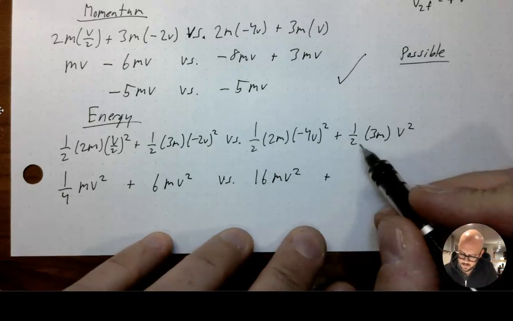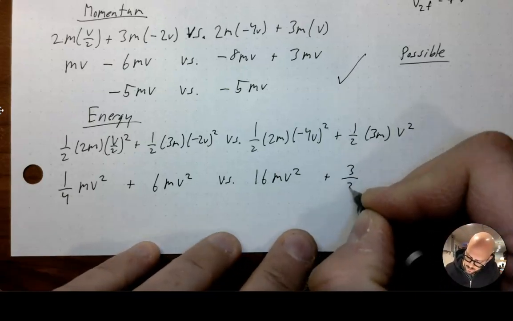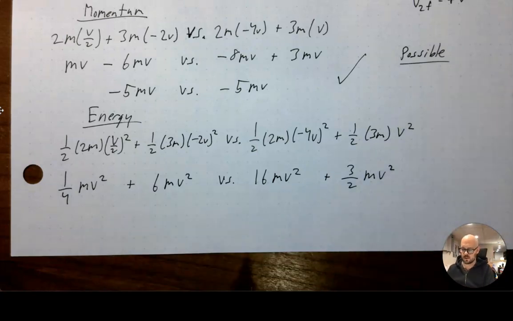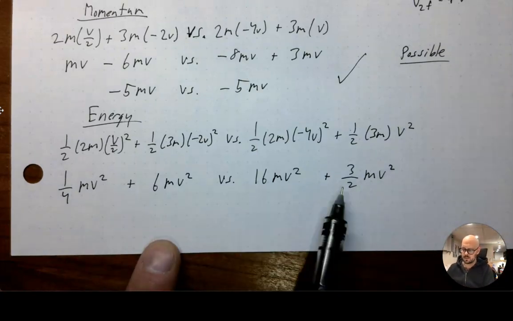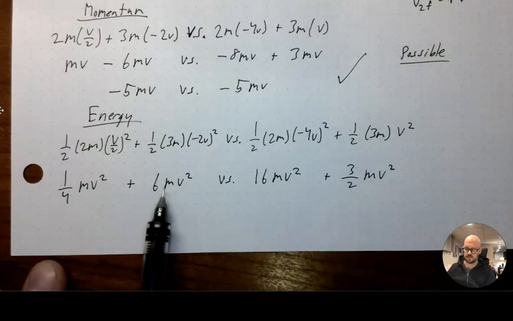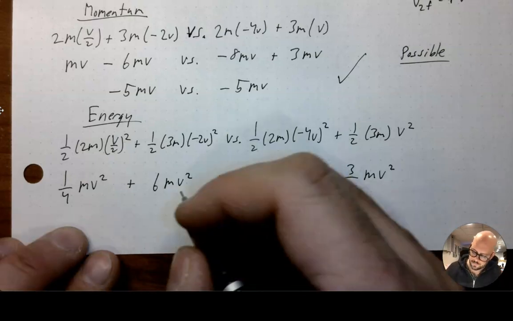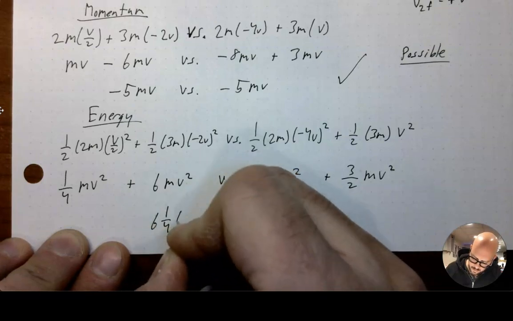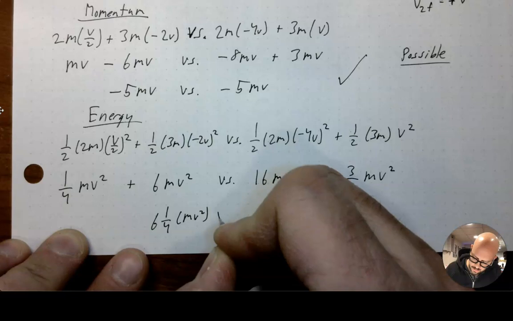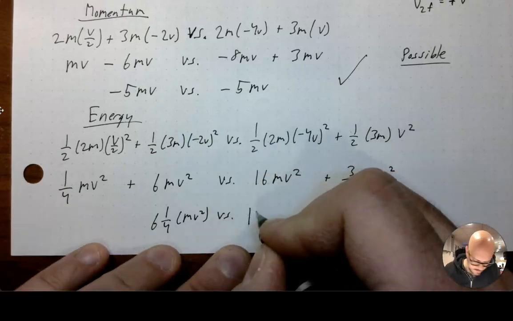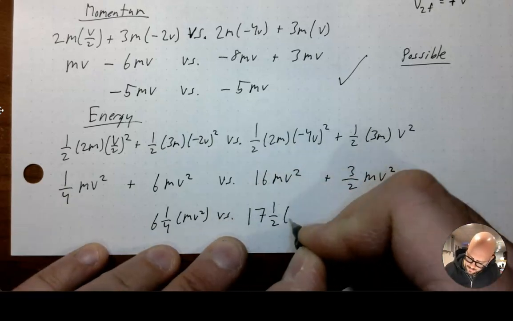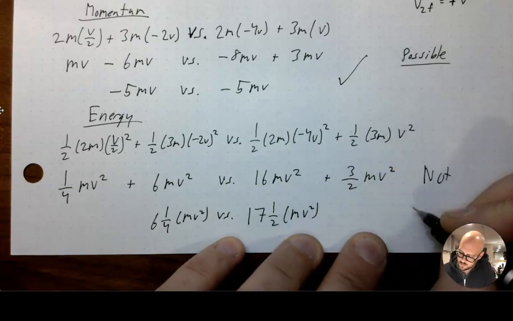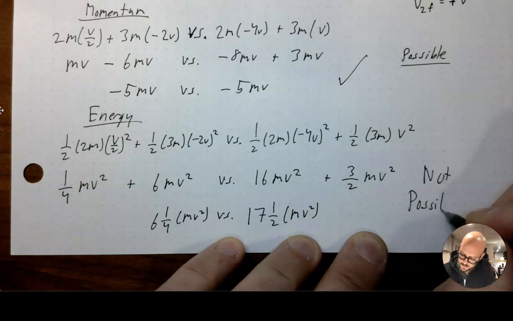This last one's going to be 3 over 2, so that's 3/2 mv squared. Now I can kind of already see that this is not going to be equal because 16 and 3/2 definitely is not going to equal 6 1/4. And so just to formalize that, 6 1/4 mv squared versus 17.5 mv squared. And this is not possible.